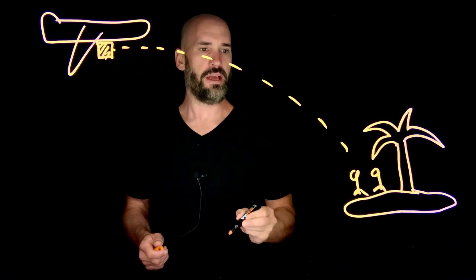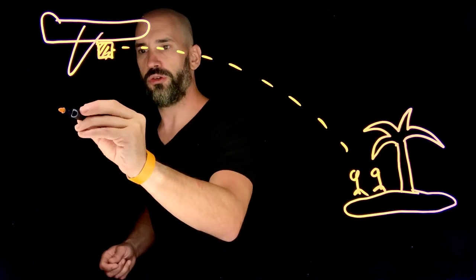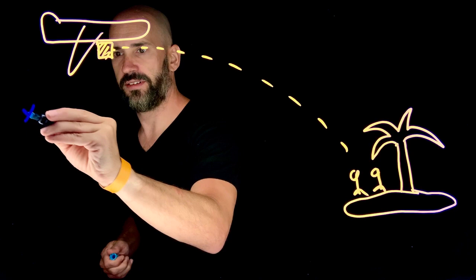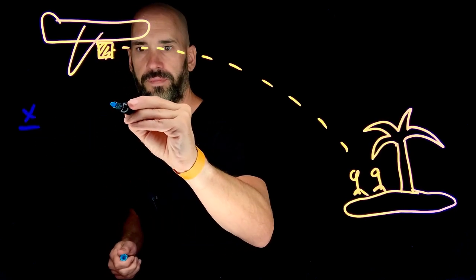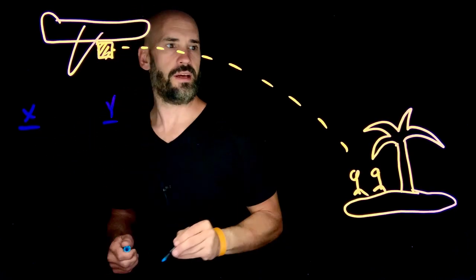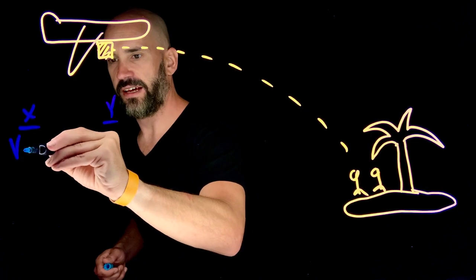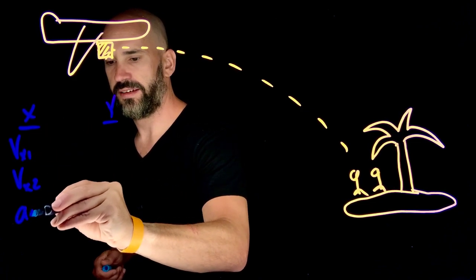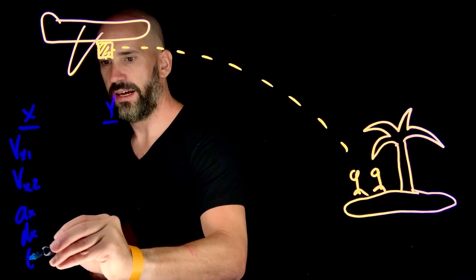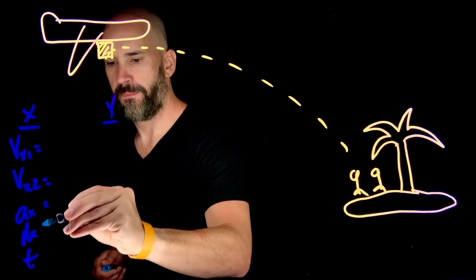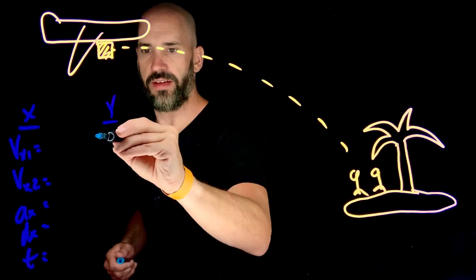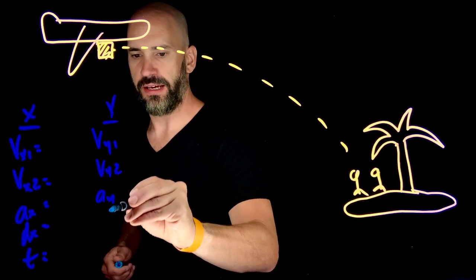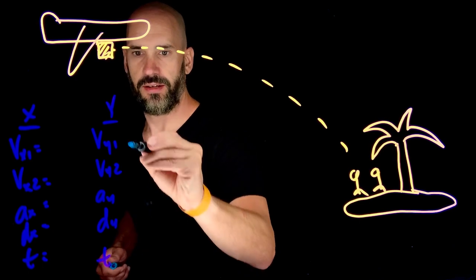Okay, I'm gonna write my two laundry lists right here. So we have X and Y. We have a Vx1, a Vx2, an ax, a dx, and a time. And we have a Vy1, a Vy2, an ay, a dy, and a t.